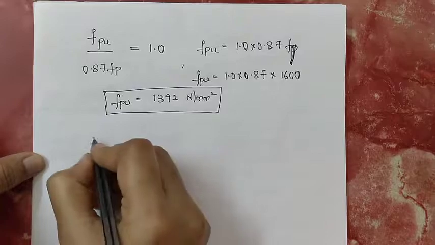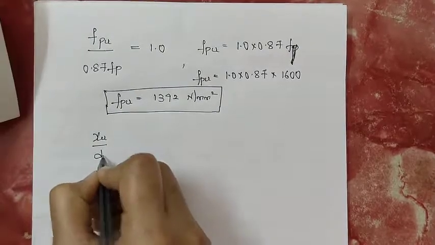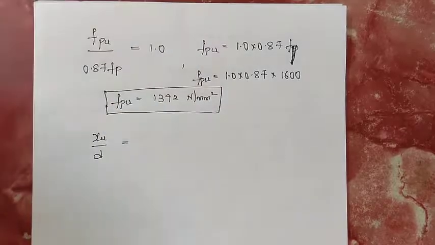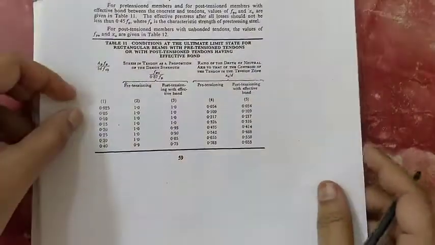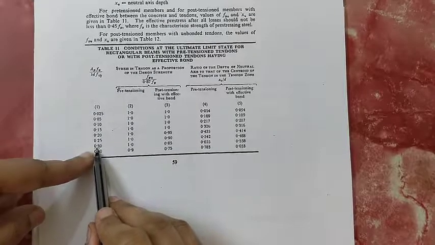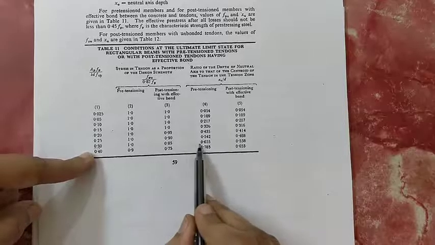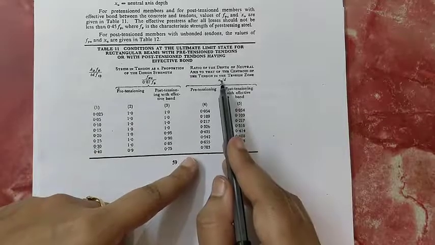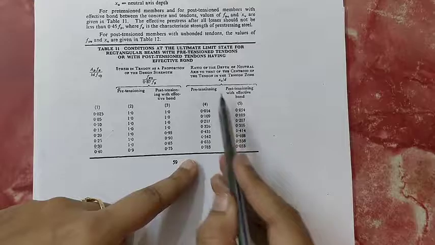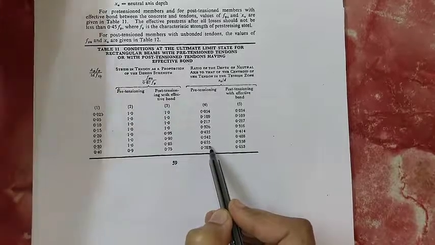In the same way you need to calculate the XU by D ratio using Table 11, for the pre-tensioning case. You can observe in this table, same for AP FP by BD FCK equal to 0.30, move along this row itself. For the XU by D ratio, for pre-tensioning, the value is 0.655.